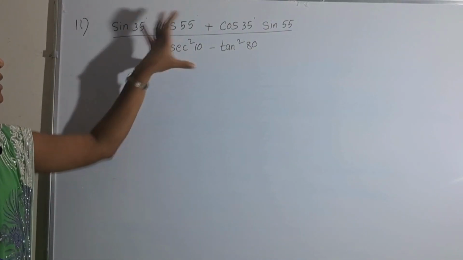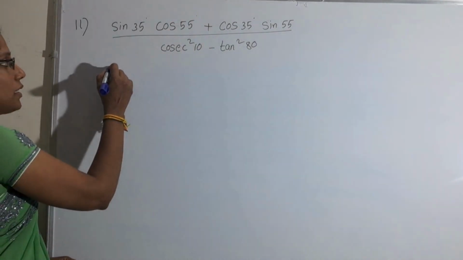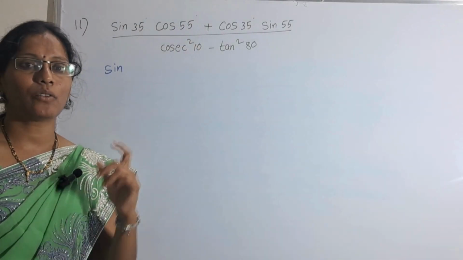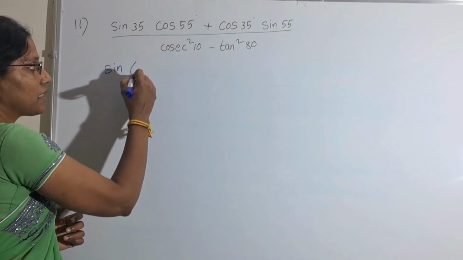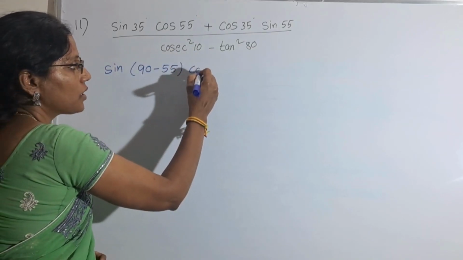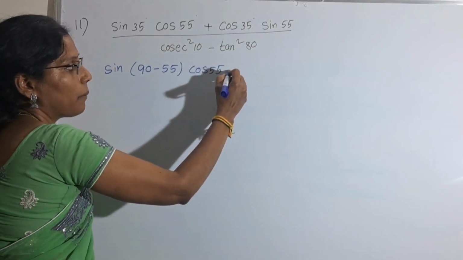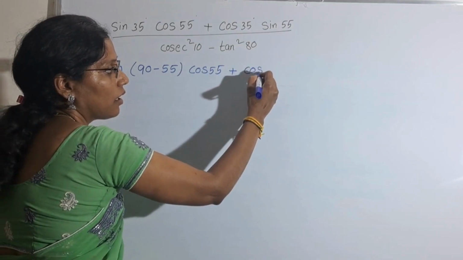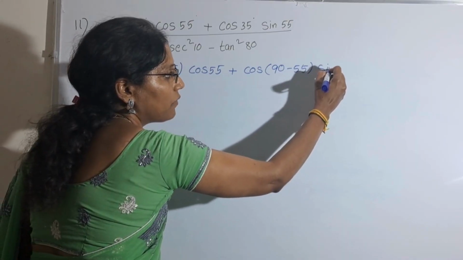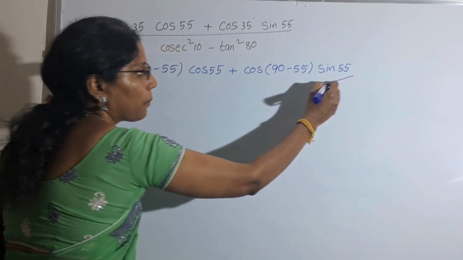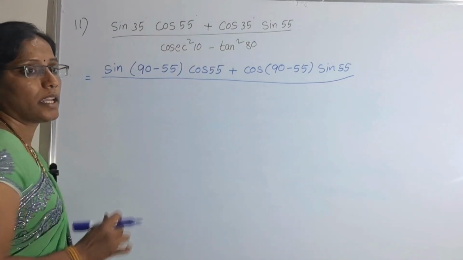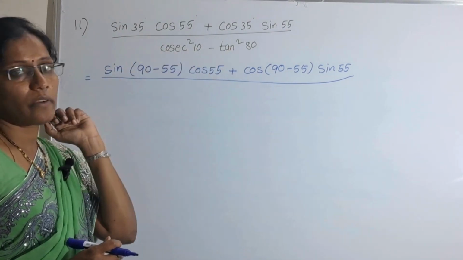Next problem number 11. Here, evaluate this value. Here two angles are there. Any one angle we have to change. Here 35 degrees. 90 minus 55 we can write into cos 55 plus cos 90 minus 55 into sin 55 by cosecant square 10 minus tan square 80.